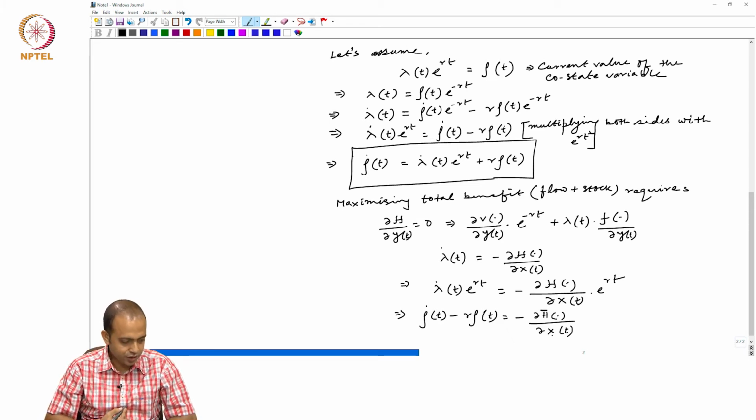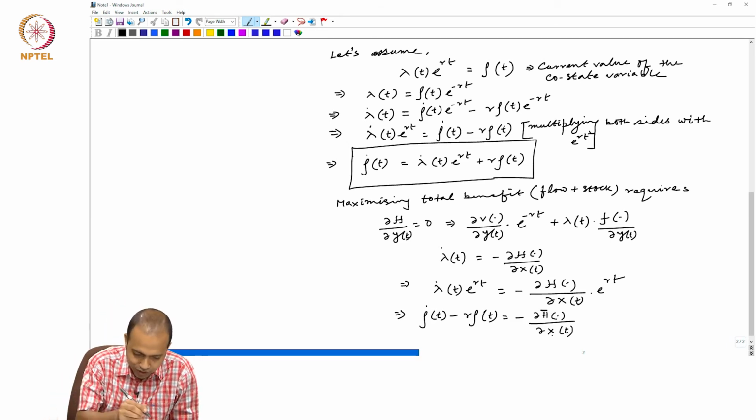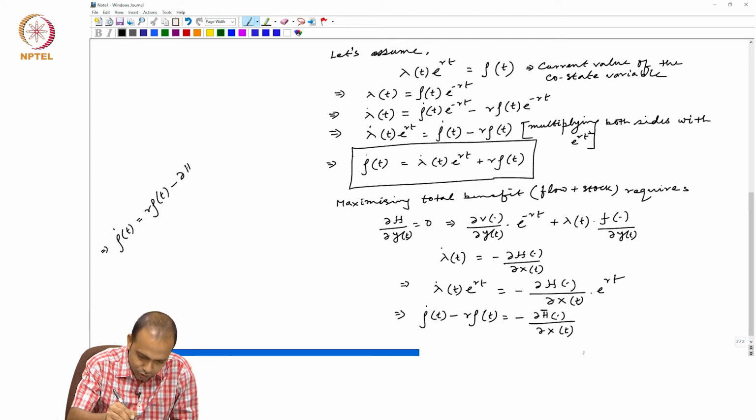Okay, that is what we got. So, from here what we can write, rho dot t equals to r into rho t minus del h bar del xt.